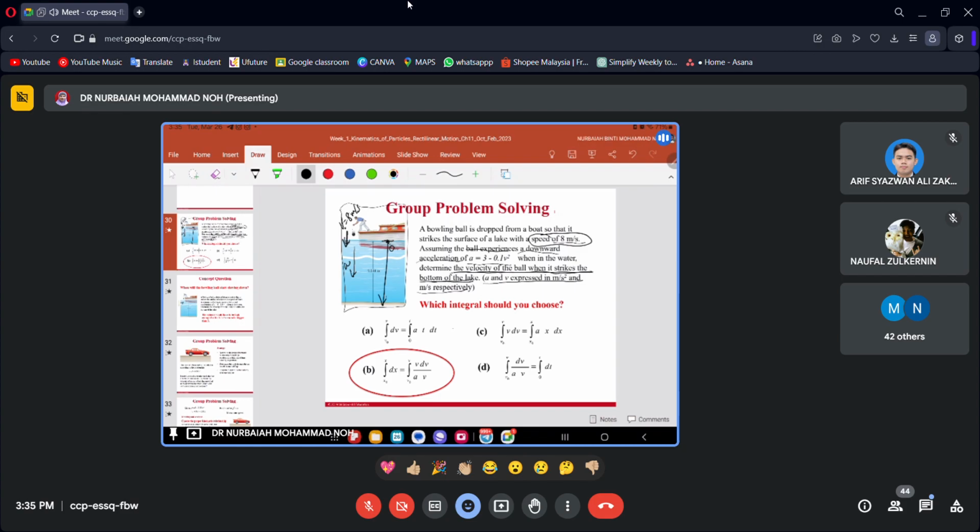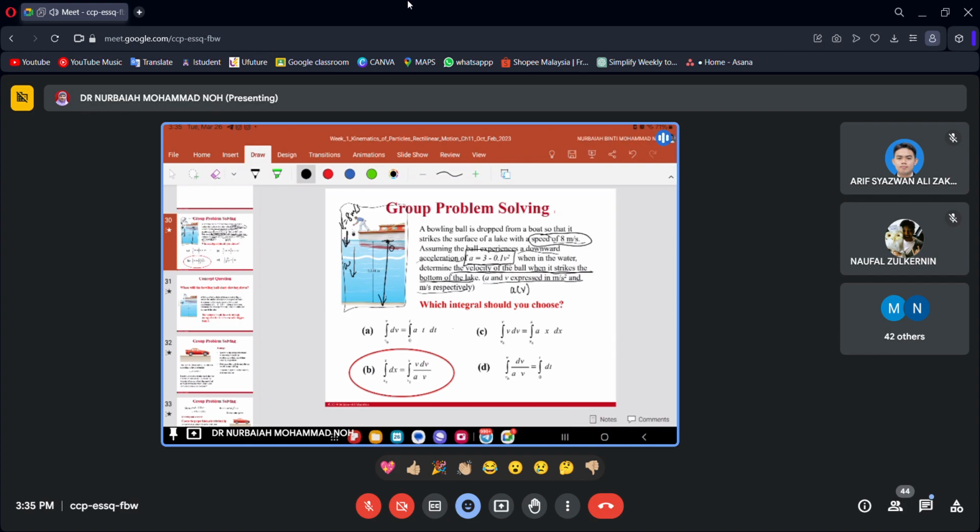Now we are given A is a function of V. Okay, kita ada A given as a function of V. Soalan dia, fahamkan, determine the velocity of the ball when it strike the bottom of the lake. Okay, so apa yang you akan dapat? You akan dapat dalam bentuk apa?